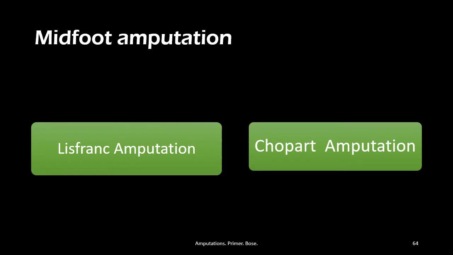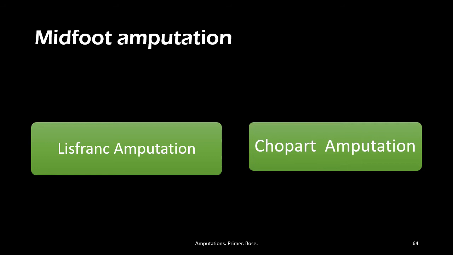As stated before, foot amputations are typically named after the surgeons who first performed them. Notable are the Lisfranc's amputation and the Chopard amputation. Lisfranc's amputation involves disarticulation of all the metatarsals and leads to an unstable stump.